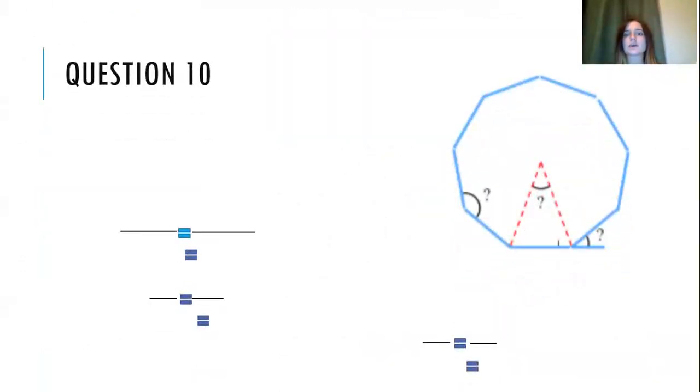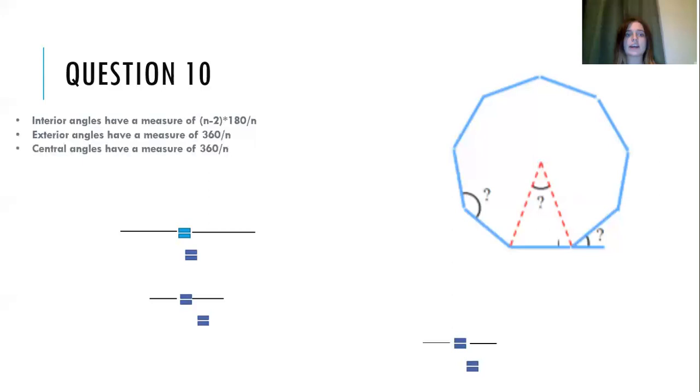So for question 10, we have to figure out the interior, exterior, and central angles of the polygon we have here. And to do this, we have to know our formulas for each of the angles. So our interior angles have a measure of n minus 2 times 180 divided by n, and our exterior angles have a measure of 360 divided by n, and our central angles also have a measure of 360 divided by n.